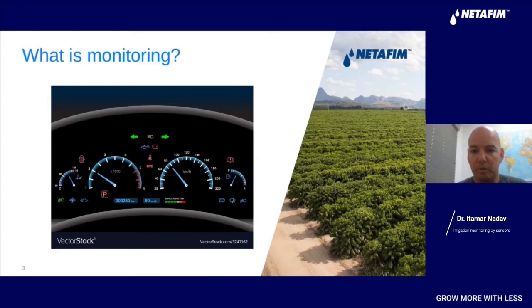This is very important to know if you're driving at the right velocity, and if you have enough fuel, or need to stop and refuel. The same is actually true for irrigation and crop monitoring. You need to keep updated on the status of your field and your crop.